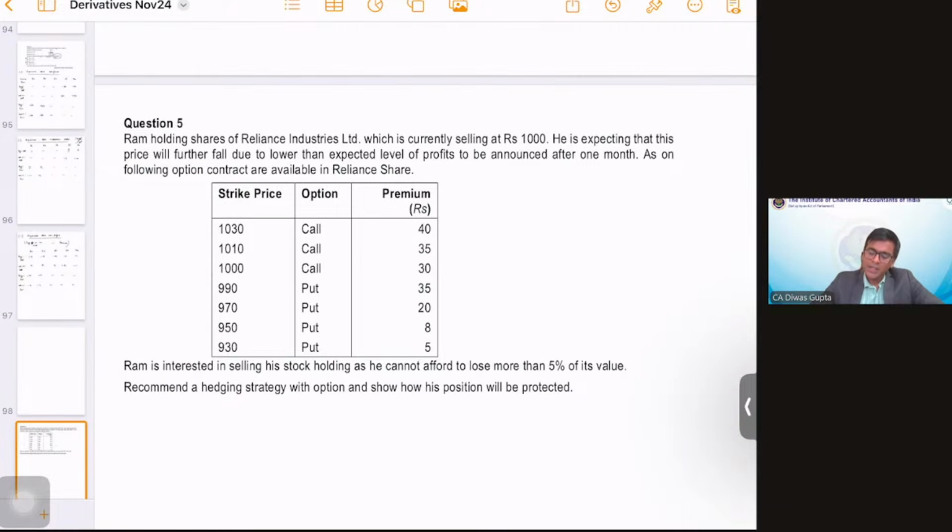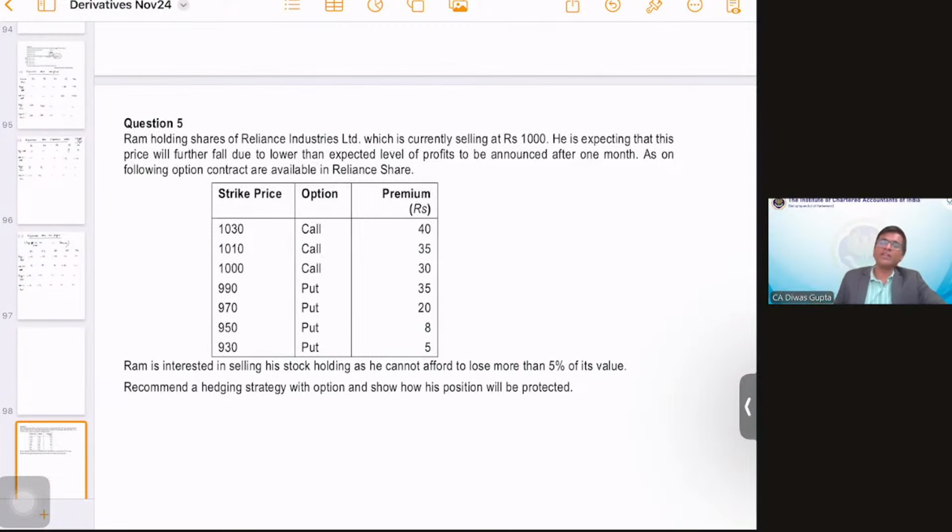There are different strike prices. The call option is there, the put option is there, and he's already holding the shares. There is a risk of downside. Ram is interested in selling his stock holding as he cannot afford to lose more than 5% of its value. Recommend a hedging strategy with options and show how his position will be protected.